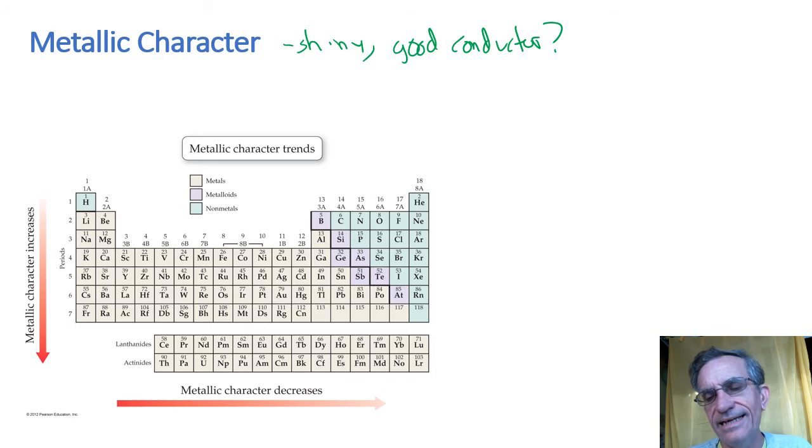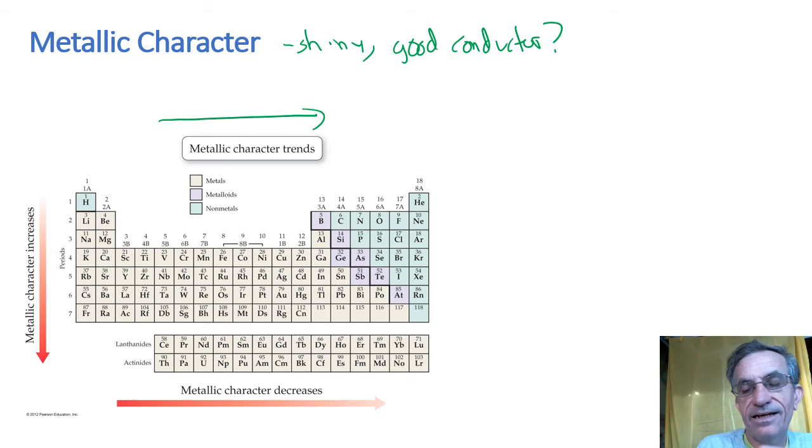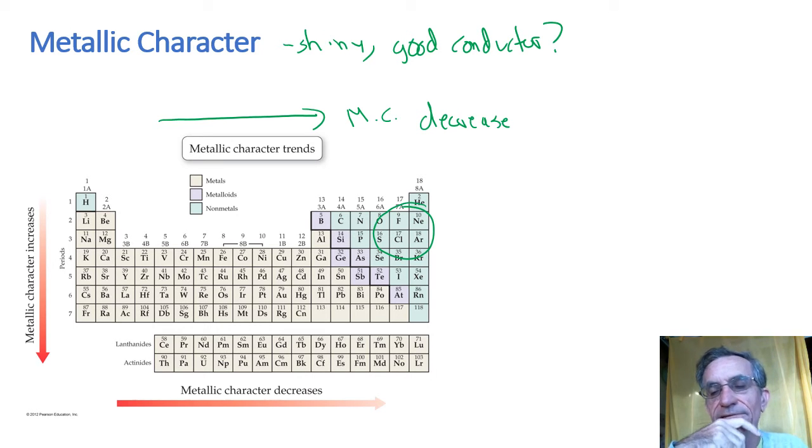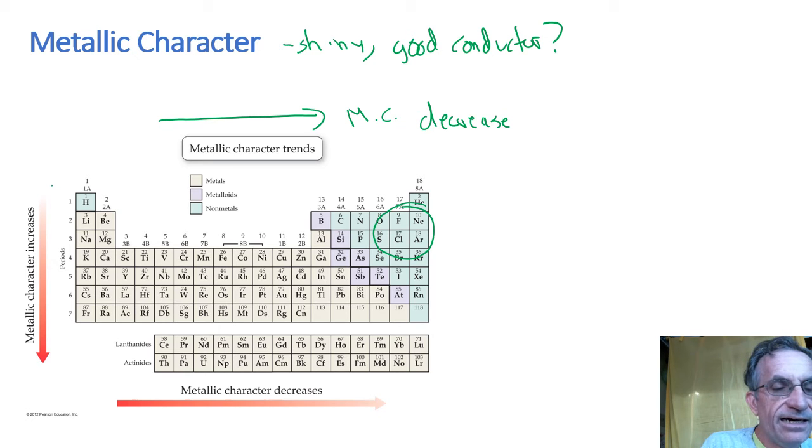Again, there is a pattern looking at the periodic table: as you go across, things become less metallic. Shouldn't be a big surprise, right? In fact, over here in this corner, these guys are non-metals. So as we go across, metallic character, I'm going to write MC, decreases. You become less and less like a metal. And as you go down, metallic character increases.